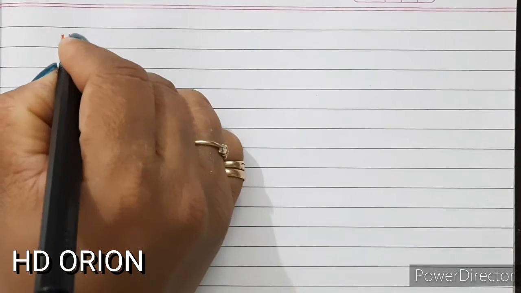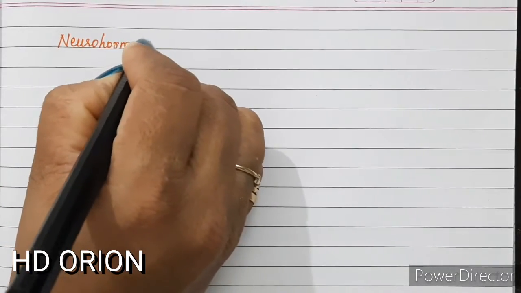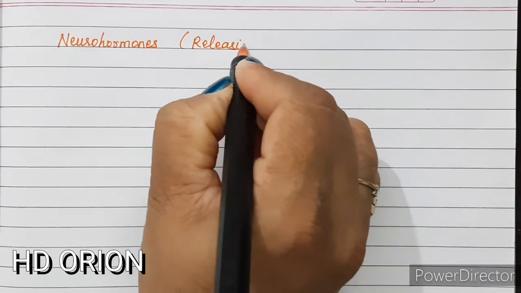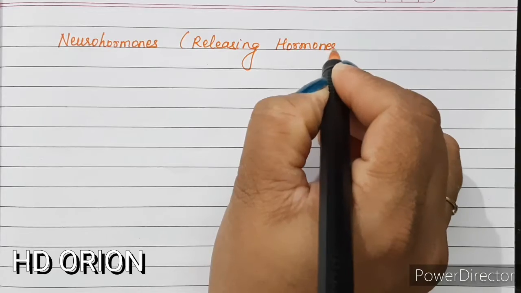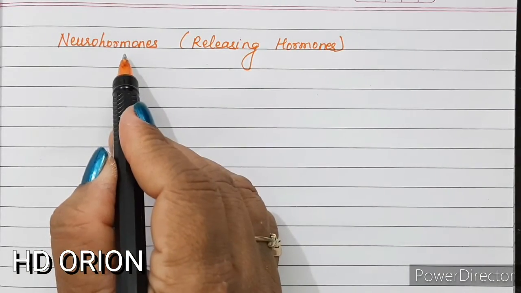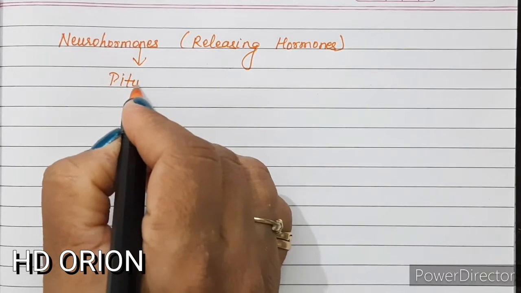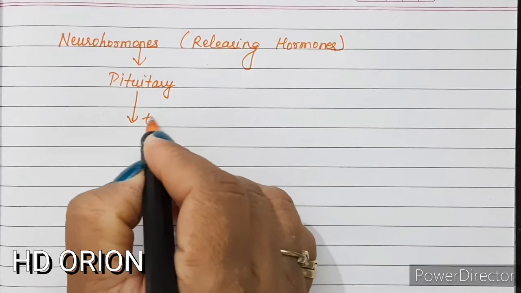The neurohormones are also known as the releasing hormones, and these are secreted by the hypothalamus, as I told you. So what do these neurohormones do? These come and allow the pituitary to secrete the trophic hormones.